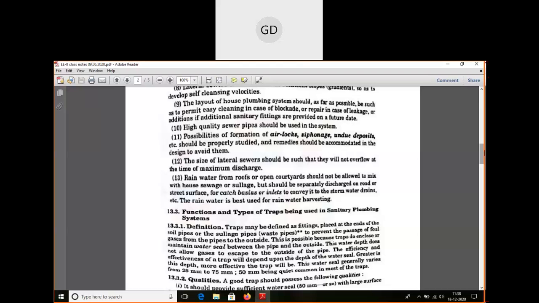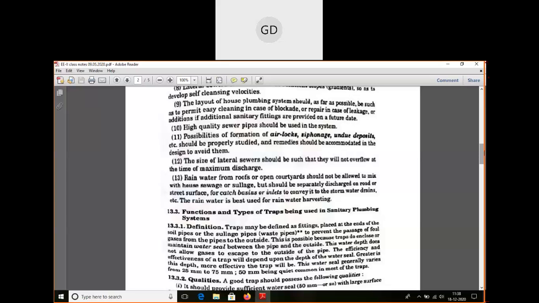So you should be aware that the size of the lateral sewers should be such that they will not overflow at the time of maximum discharge, okay.